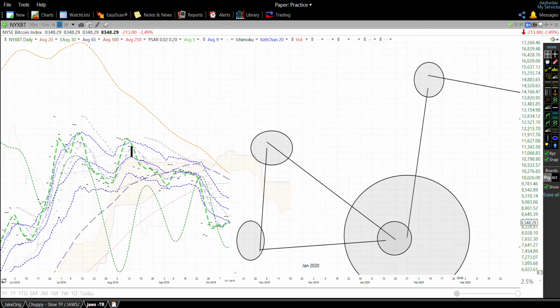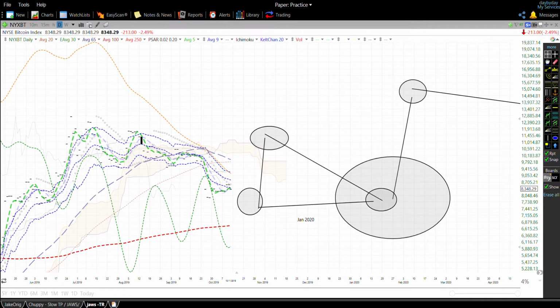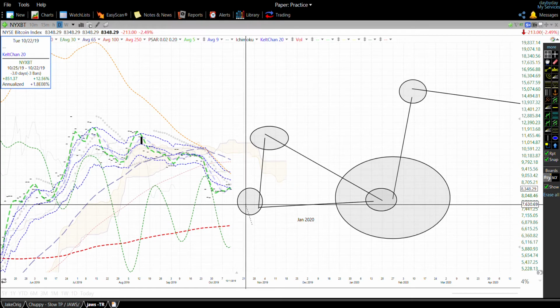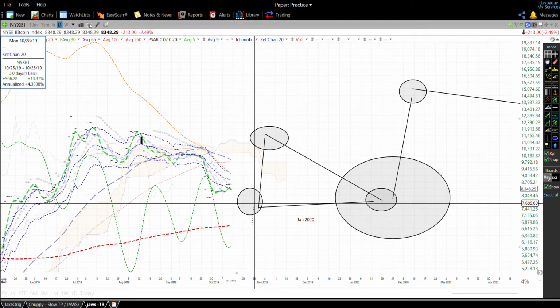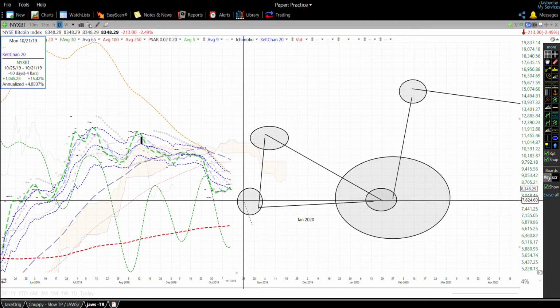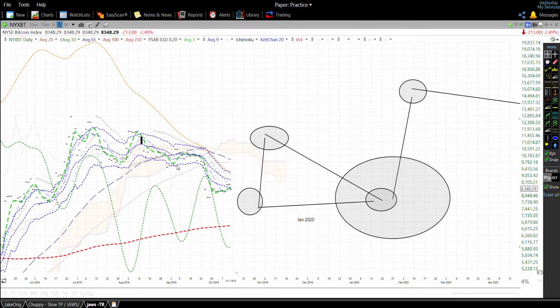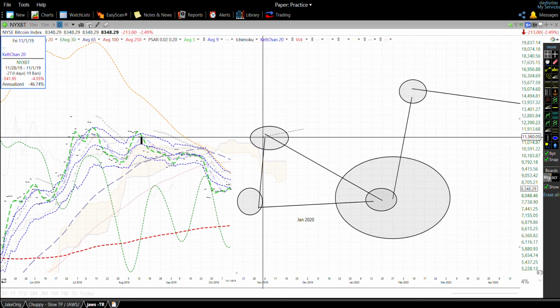And this cycle right here, which is approximately anywhere between October 18th to October 30th, I'm expecting this wedge to break upward into this area of approximately $11,000 range.